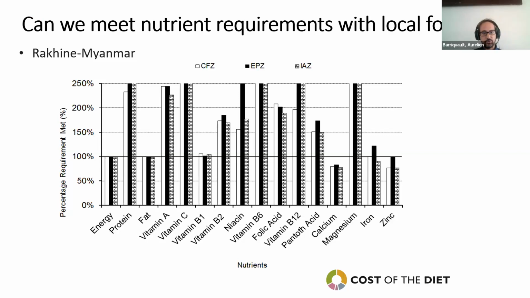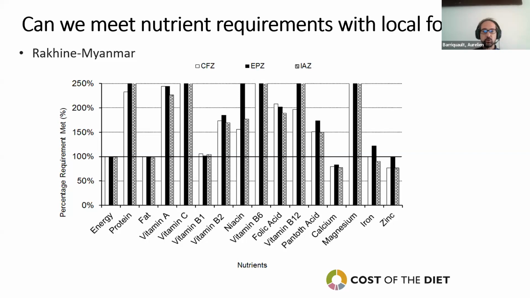So here it describes how we can see if we meet nutrient requirements with local foods. As you can see on this graphic, in this specific intervention area where we conducted this assessment, energy and protein requirements were met. The 100% line is the 100% nutrient requirement.